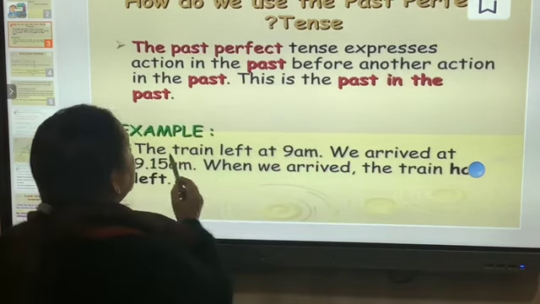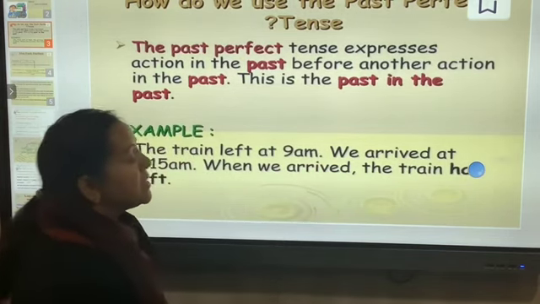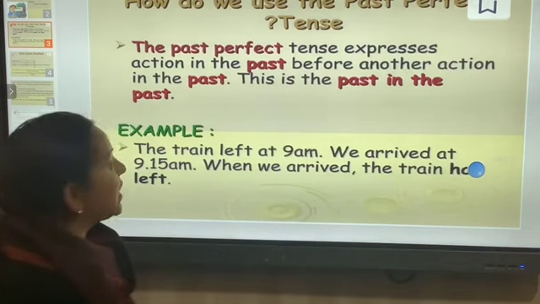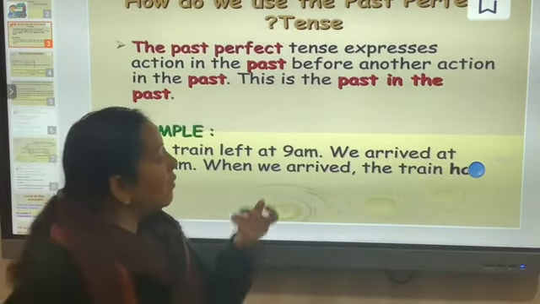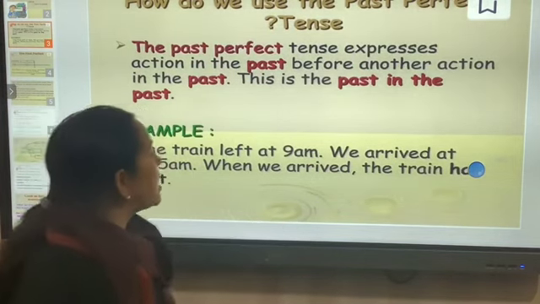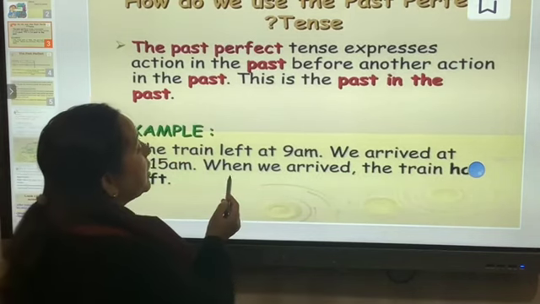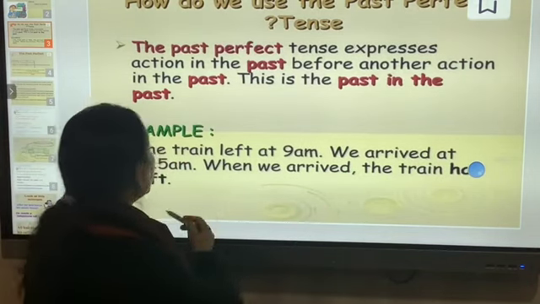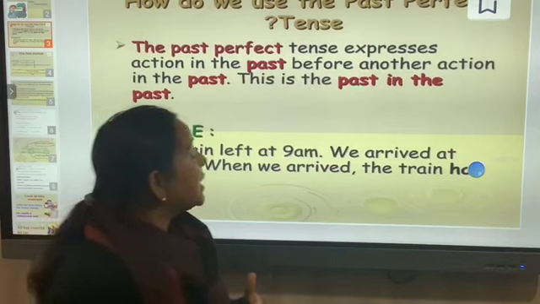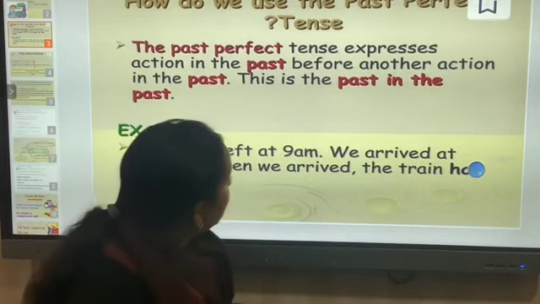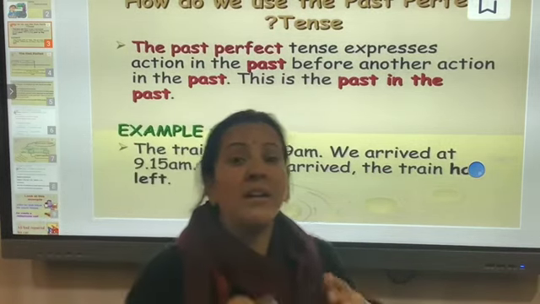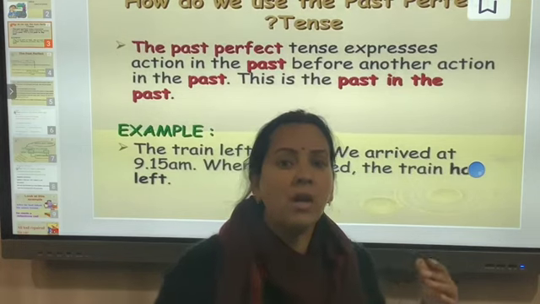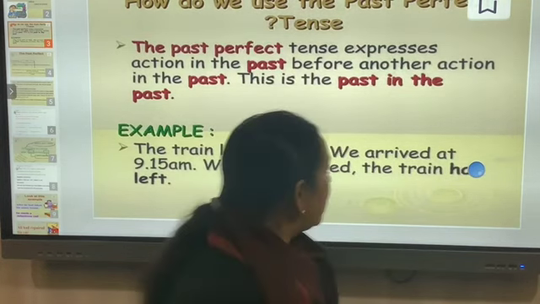Instead of writing these two simple sentences in past indefinite tense, we can make one sentence by using past perfect tense. We can say that when we arrived, the train had left, or we can say that the train had left before we arrived. In any way you can write.